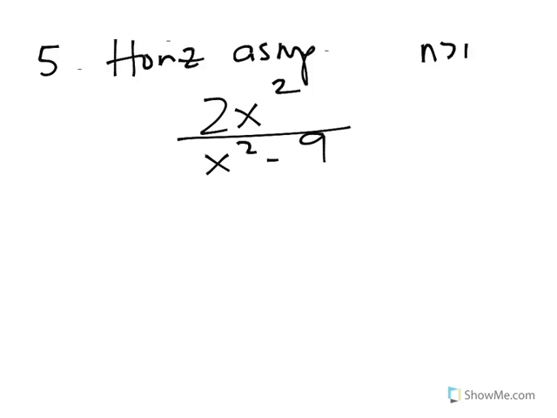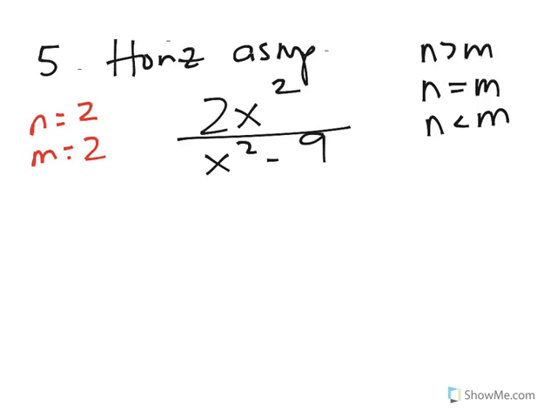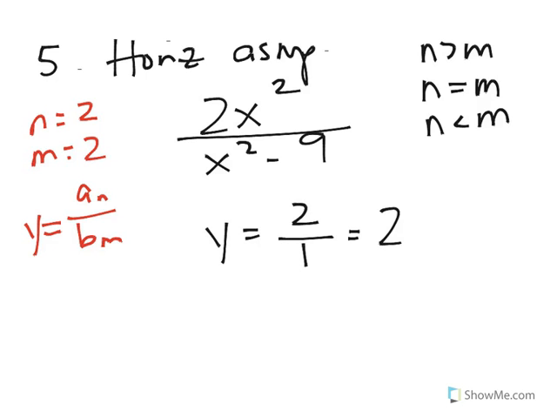For this problem, our n is equal to 2, and our m is equal to 2. If you recall, when n is equal to m, we use y equals a over b. So for this problem, y is equal to 2 over 1, so it's just 2.